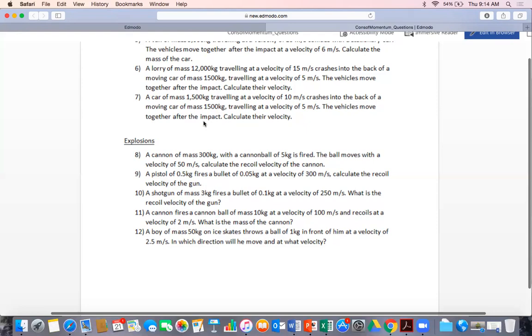We know that before and after, the momentum is the same. So the momentum of the cannon is 300 times v, where v is what we want to find, and that equals 250. So velocity will be 250 divided by 300, which is 0.83333, and it's negative because it's moving backwards.